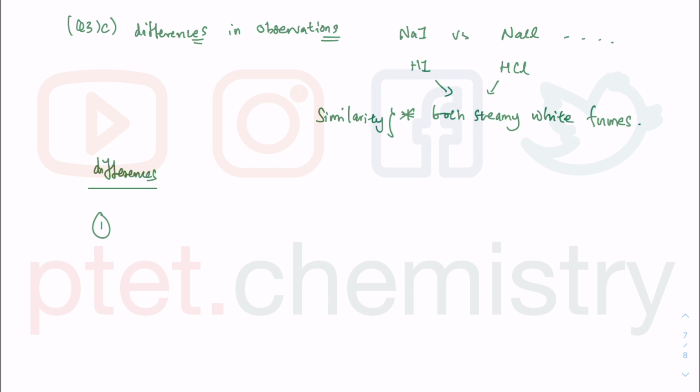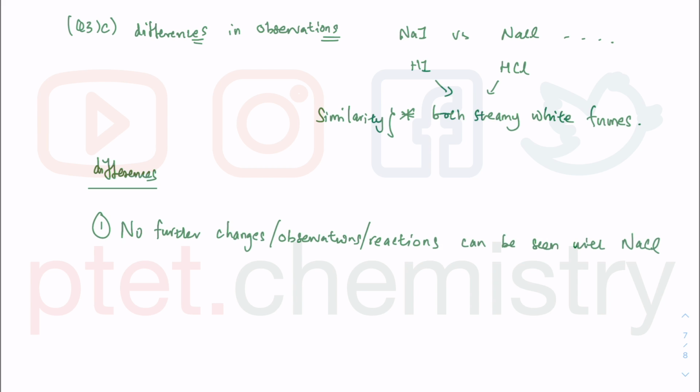With NaCl, no further changes or observations or reactions can be seen, but we can see a dark gray solid being formed with NaI.